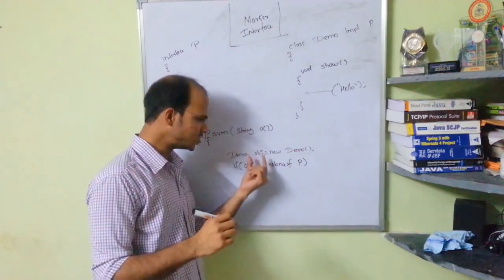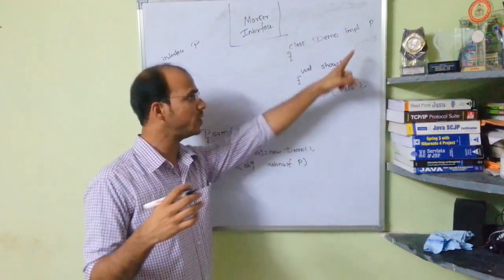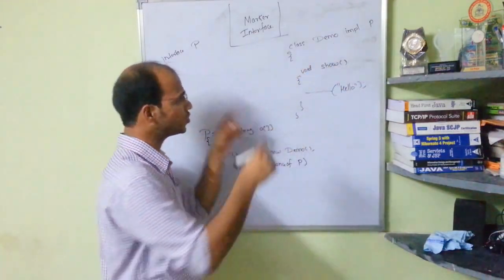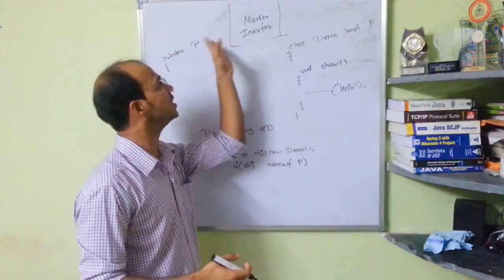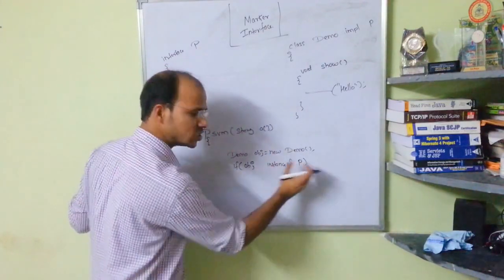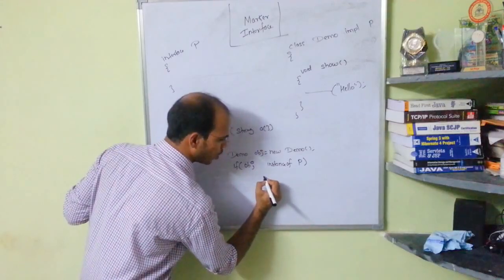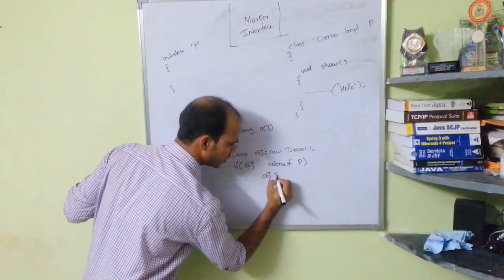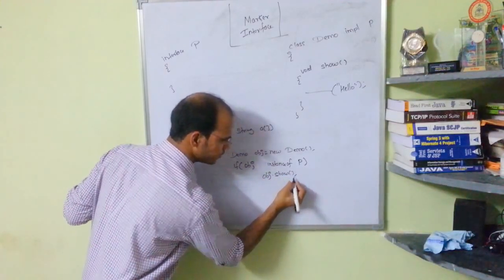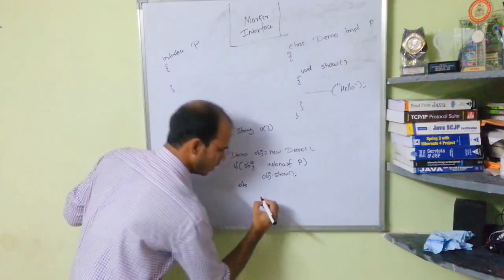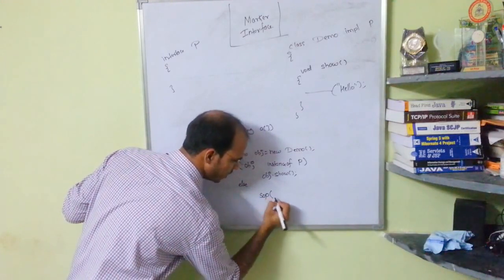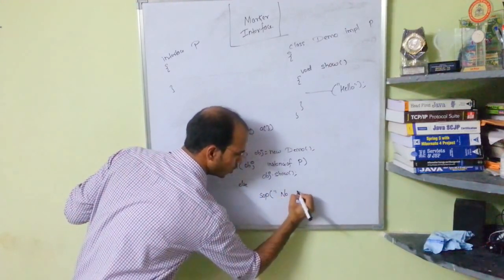You can check if this object is an instance of P, because when you create an object of the class, you are indirectly creating an object of this interface, right? If it is an instance of P, then we can call obj.show. Otherwise, in the else part, we print no permission.